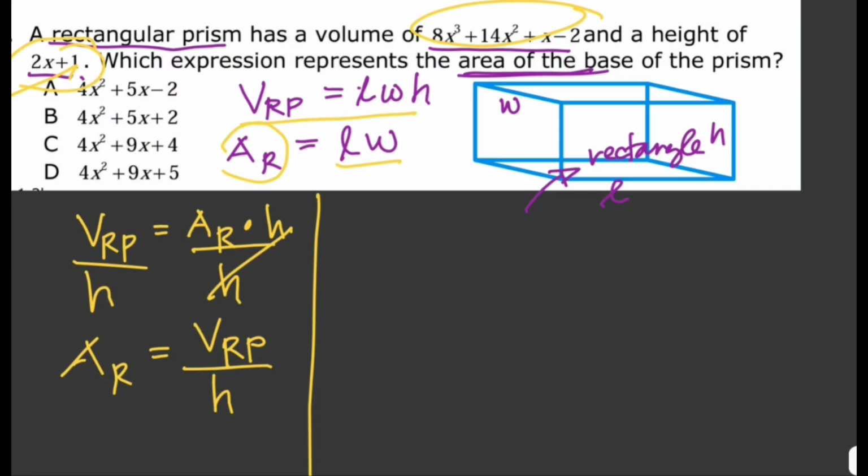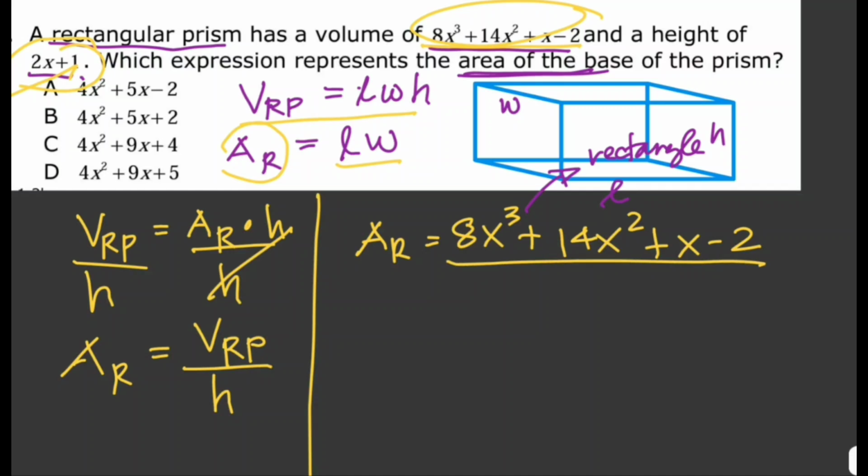So that would become a rational expression. Or we can use long division here, dividing polynomials. So the area of the rectangle is just equal to the volume, which is 8x cubed plus 14x squared plus x minus 2 over 2x plus 1. Let's just use long division for this.